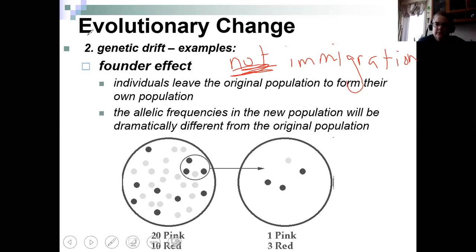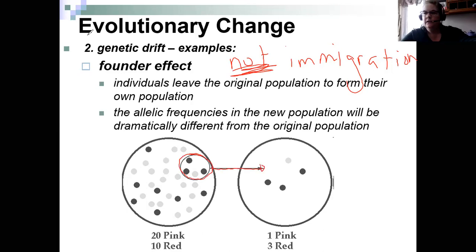But now this little tiny population of 4 individuals decides they're going to build their whole new population. The problem is, whatever frequencies are here, those are the frequencies we're going to see in our new population. We're not going to see the frequencies of the original population.